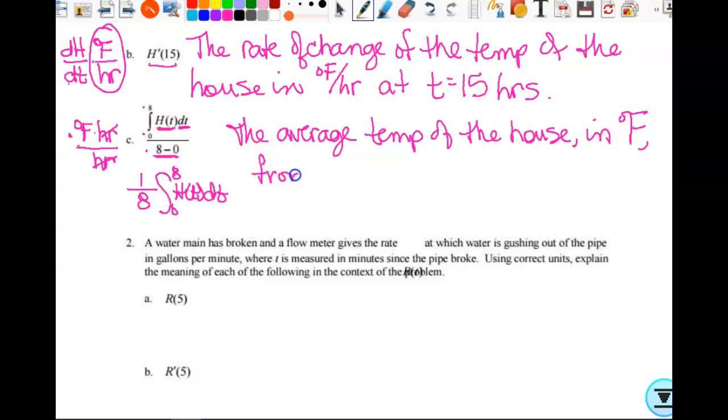From T equals 0 to T equals 8 hours. You could say from midnight to 8 a.m. if you wanted to, but I would just go with the numbers themselves. Okay? What do you think?